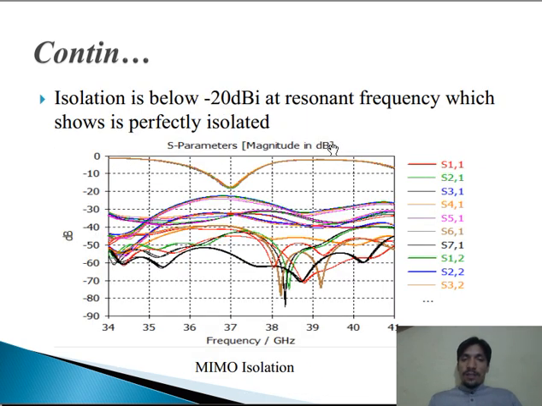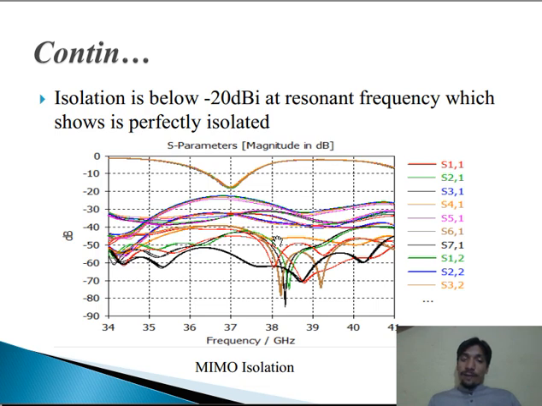Now I will discuss the different parameters. This is the isolation. What is isolation? We can see from this figure on the right side, S11, S22, S33. These are the reflection coefficients that are below minus 20 dB. But what are these? These are S21, S32, and many other parameters, going from 1 to 7 elements.